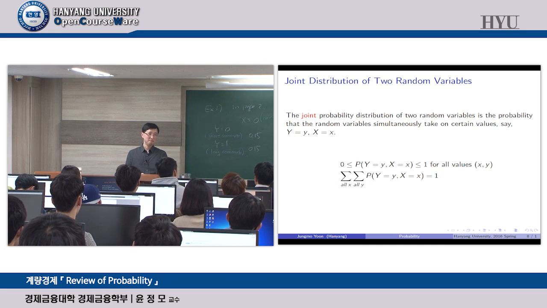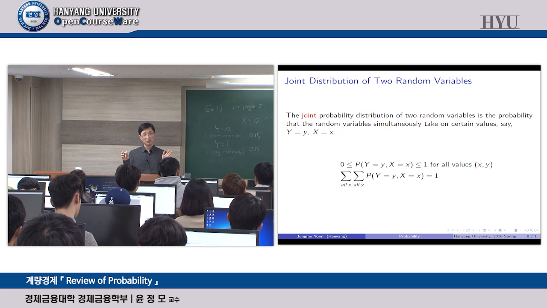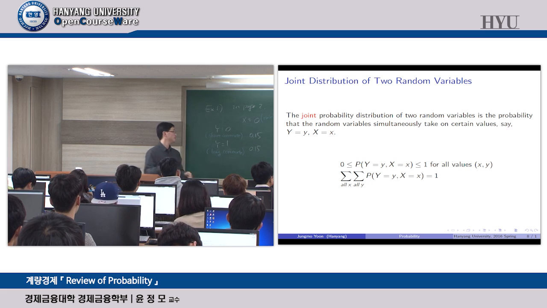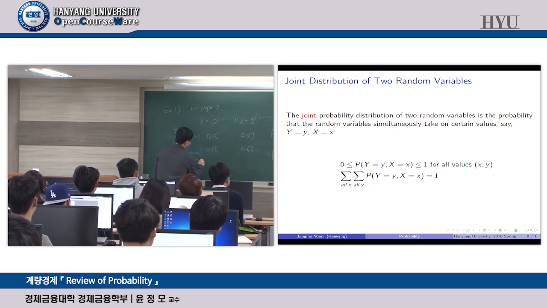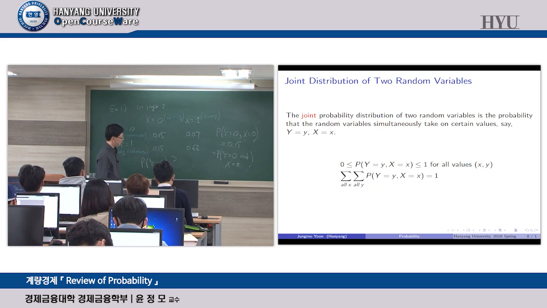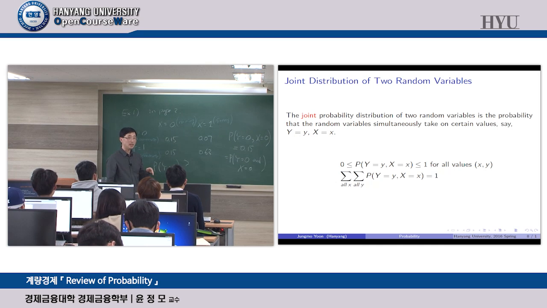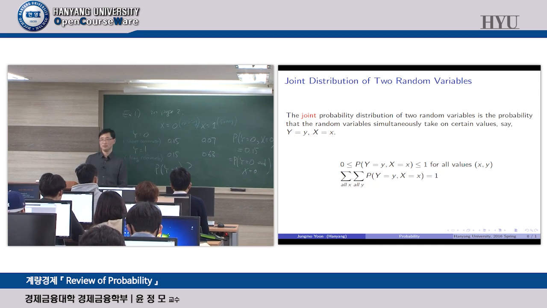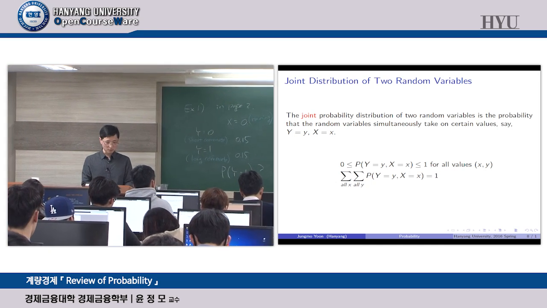It can be sunny, it can be rainy. I don't care. The only thing I care about is whether I have a long commute. So that's a marginal distribution. I only care about y, but whatever happened to x, I don't care. That's an example of a marginal distribution.